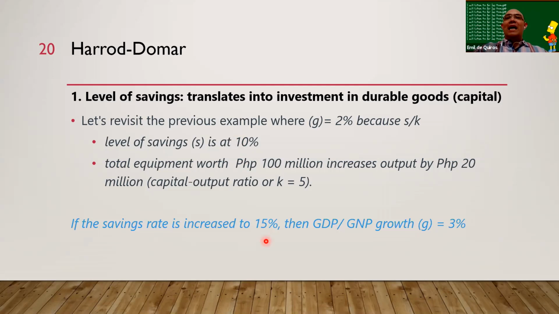It makes it grow faster, which is better. That's what we want. Because you increased your investment in durable goods. So that's the first factor I really wanted to emphasize. Save more, consume less, save more so that you can turn them into investment.